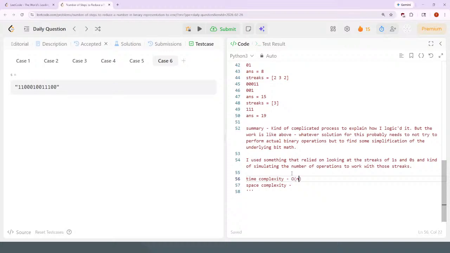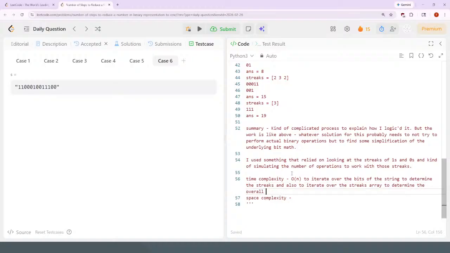Time complexity can be O of n to iterate over the bits of the string to determine the streaks, and also to iterate over the streaks array to determine the overall answer count of operations. Space complexity can be O of n to store the streaks array.